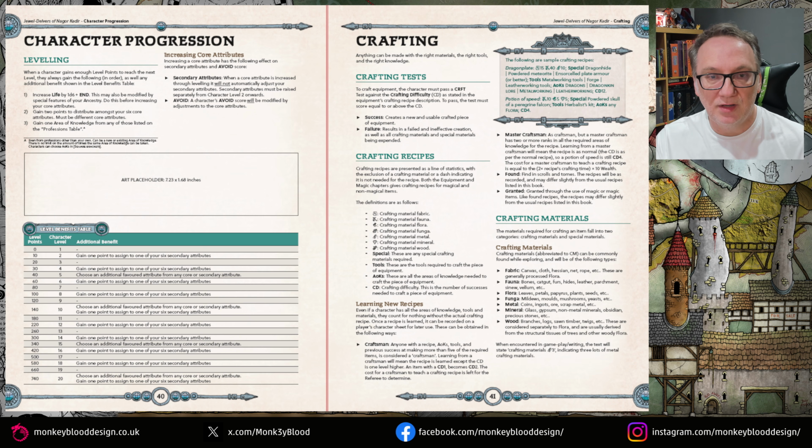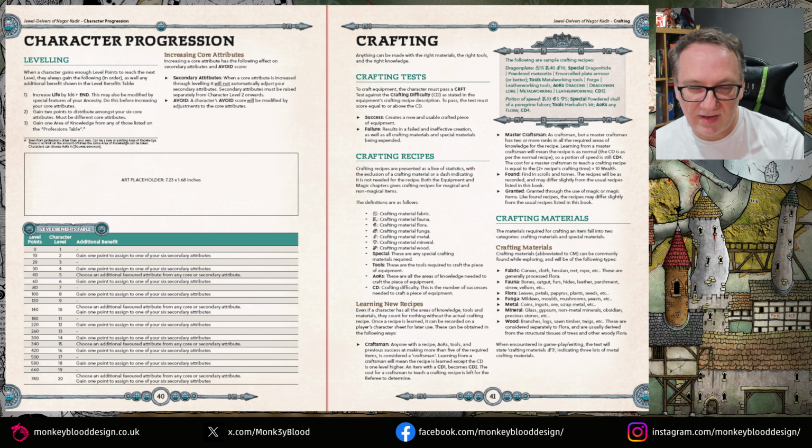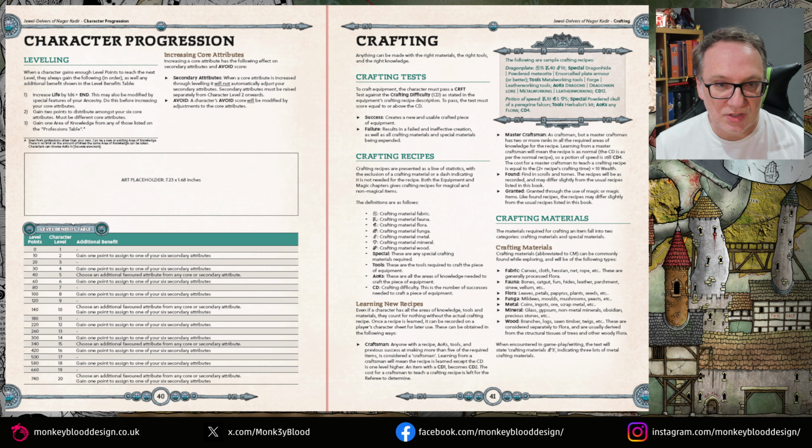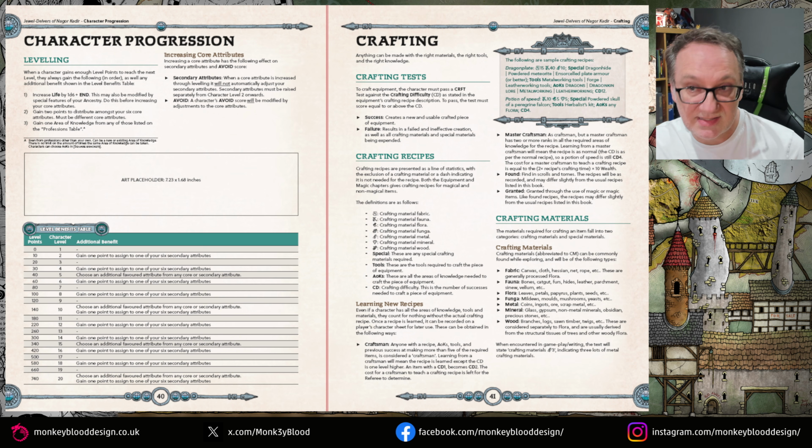It can be gaining a point to spend on one of your 6 secondary attributes. So hand, range, throw, manifest, handle, craft. And every 5 levels you get to choose another favoured attribute, which basically just helps get more successes, because the 10s are counting as 2 successes.